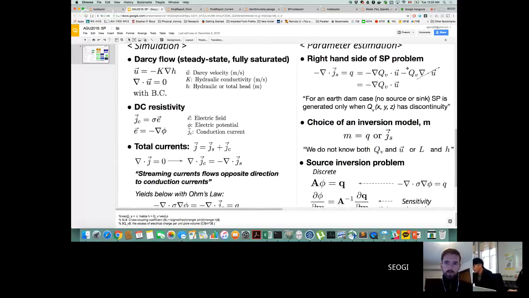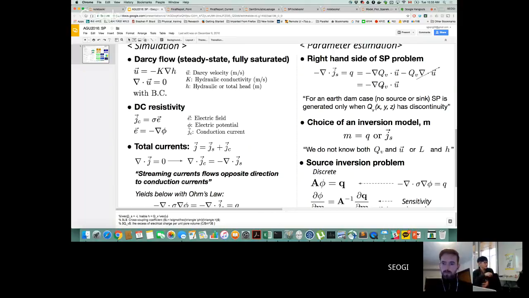And then we know if you don't have any fluid source, the divergence of U should be 0. For instance, in this earth dam problem, except for your boundary, U is always continuous. So that is usually 0 in our domain of interest, and this will be 0. So what actually generates your signal is the difference of this QV in the domain.